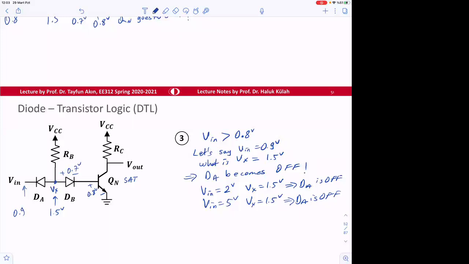So notice that input is 5 volt. dA is off. What is this current? That current becomes 0. Remember, for the V output high case, the next gate, if there's a next gate here, is I in prime.